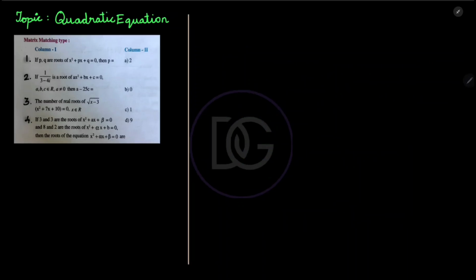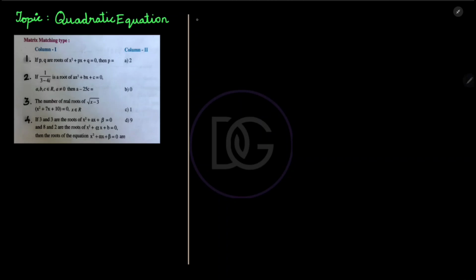Next question. If 3 and 3 are the roots of x square plus ax plus beta equal to 0, and 8 and 2 are the roots of x square plus alpha x plus b equal to 0, then the roots of the equation x square plus alpha x plus beta equal to 0 are. Here they have given two equations.